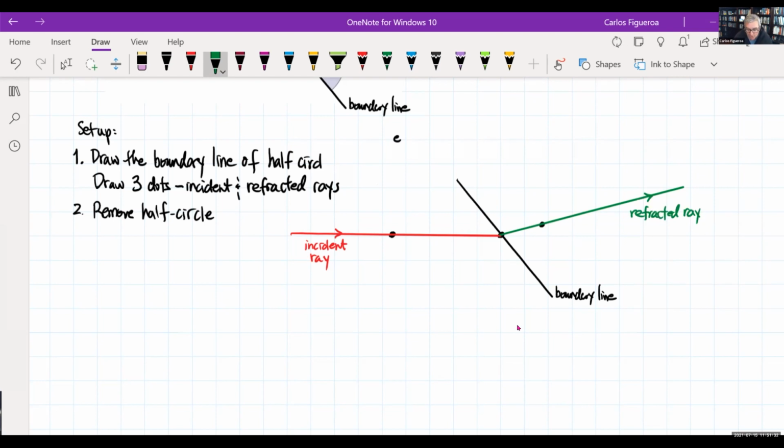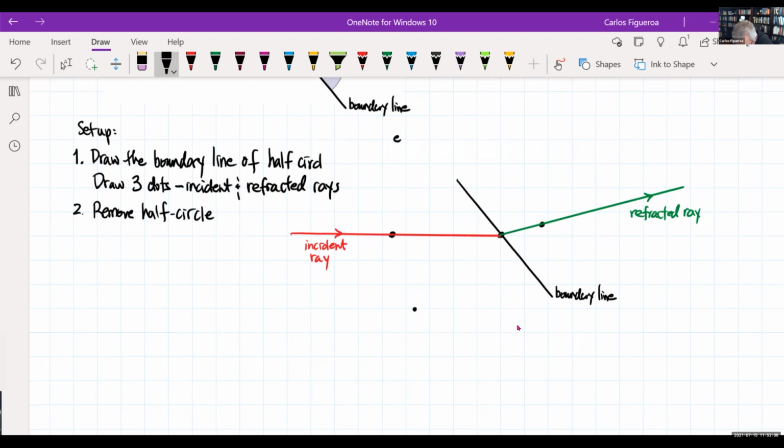So now I need the normal. Now remember, what you do here is you take your protractor and you put it on the dot that you're looking at, at the boundary here, and you've got to identify the 90-degree point. So this point right here is my 90-degree point, just like I showed you before. So now I'm going to create a normal.